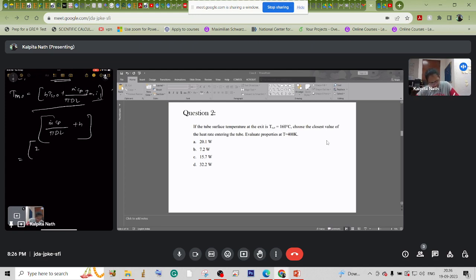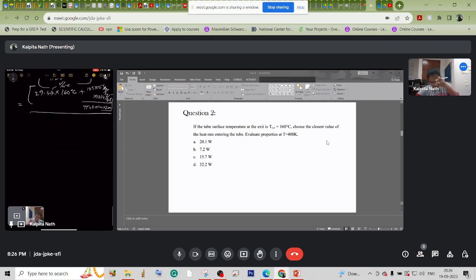The h value is given as 29.47, into the temperature 160 degrees Celsius, mind it, so the final temperature will be in degrees Celsius, into 135 times 10 to the power minus 6 kg per second, into 1014 joule per kg Kelvin, into pi times 0.05 meter times 2 meter. This is the numerator. In the denominator, we have 135 times 10 to the power minus 6 kg per second times 1014 joule per kg Kelvin, times pi times 0.05 meter times 2 meter, plus 24.97 watt per meter square Kelvin.